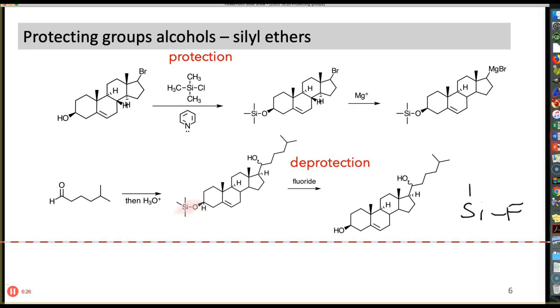So by adding something like KF, or there's all kinds of different fluoride anions you can add, F minus very happily breaks the silicon-oxygen bond, and in workup you replace the hydrogen that you lost in the protection stage. So silyl ethers are very good, very popular protecting groups for alcohols.